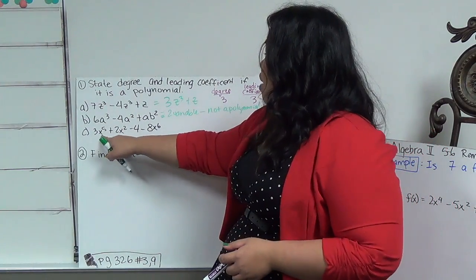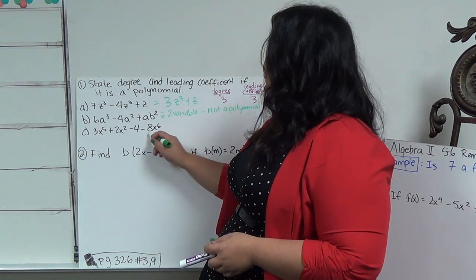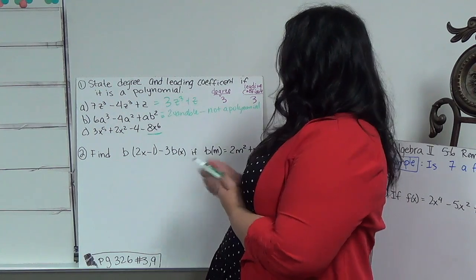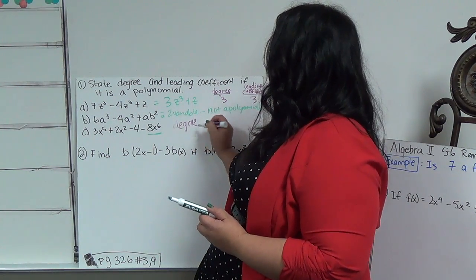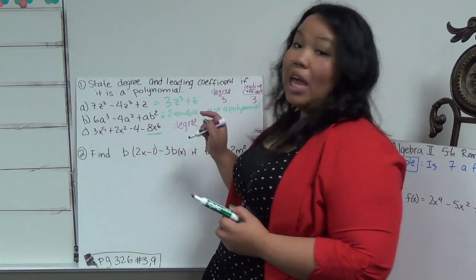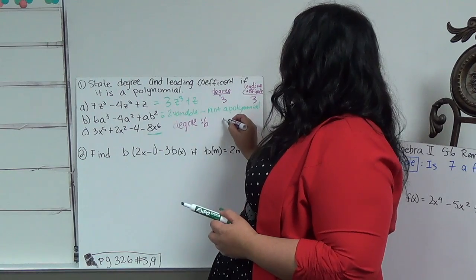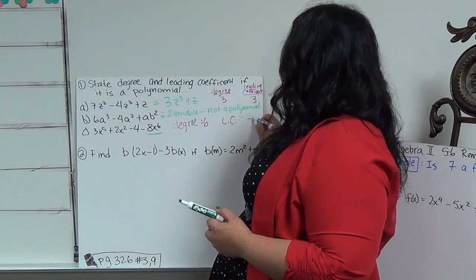The next one, we have 5x to the 5th, 2x squared. So this one has the highest variable. So that means our degree is the highest exponent for the variable. So our degree would be 6, and our leading coefficient would be negative 8.